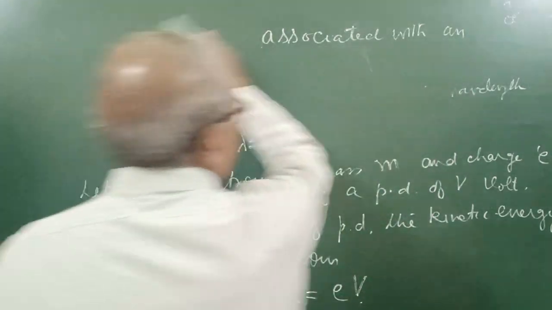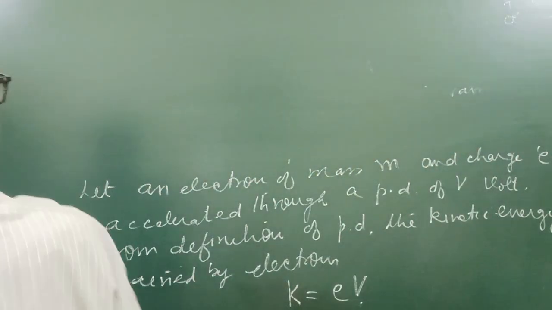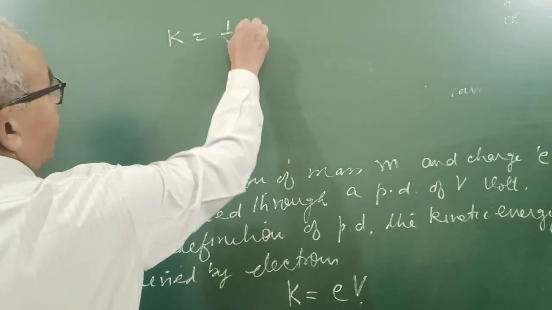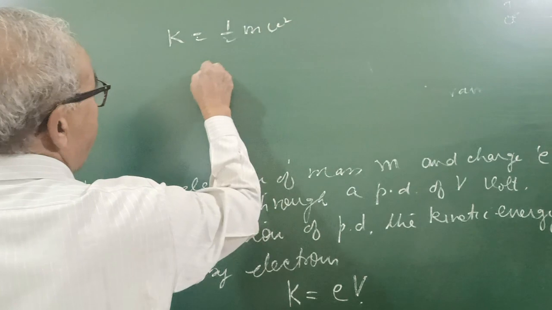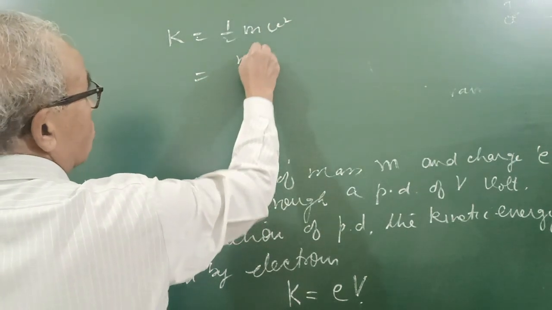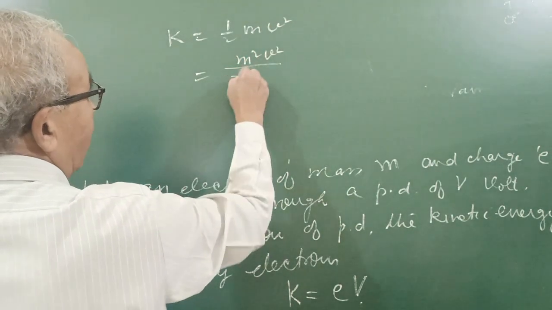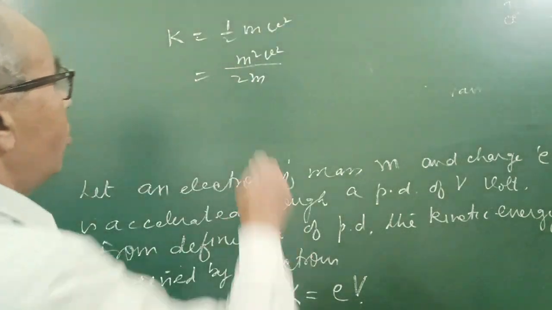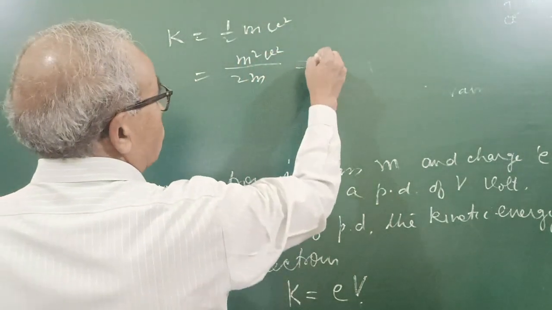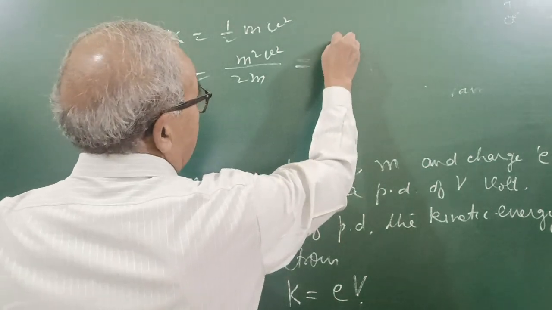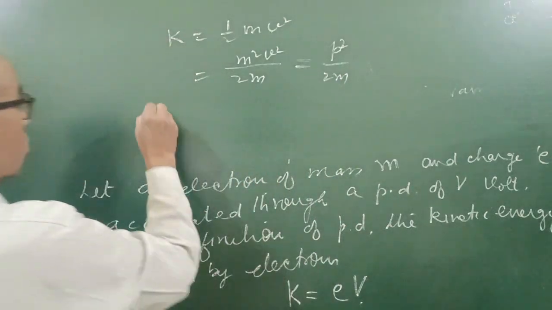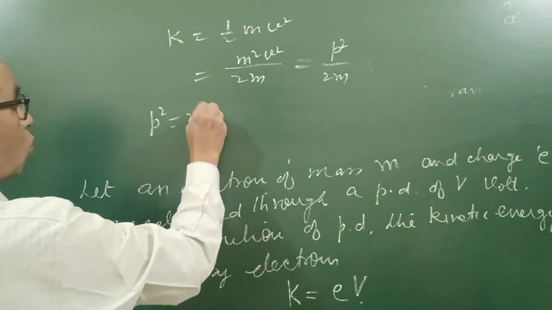Now we know that K is equal to half mv square, or you can write it as m square v square upon 2m, which is p square upon 2m. So p square is equal to 2mK.